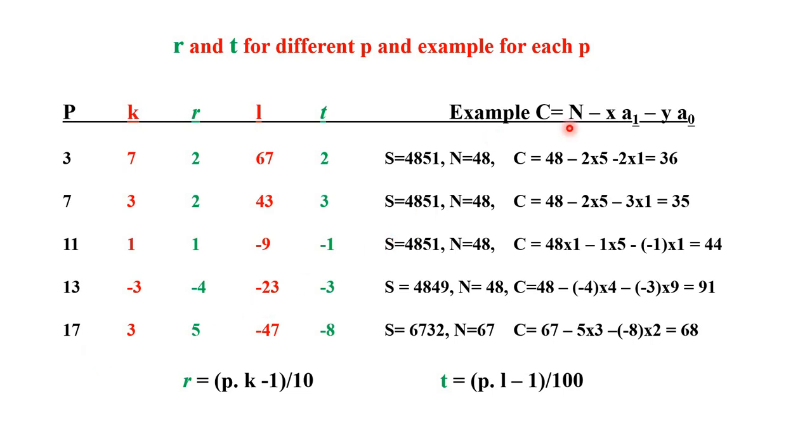We have seen that by applying this formula, R A1 minus T A0, where everything is listed, you see how you got the R values for different P, for which choice of K and L, to ensure that R you get is an integer, and finally you have this last column of numbers which are clearly divisible by the corresponding P value. So that narrates how the formula works. It only narrates, it does not justify. Justification you will get in a while.